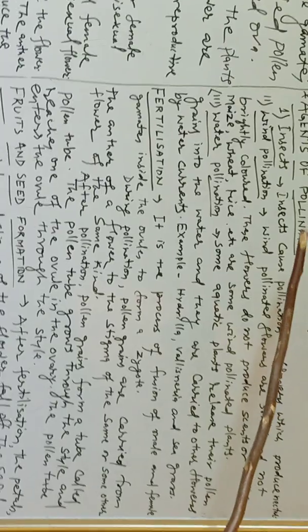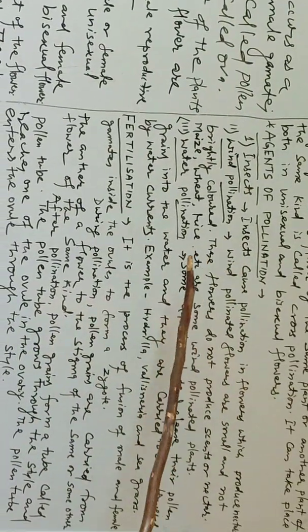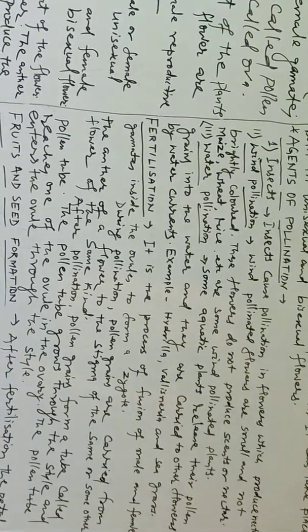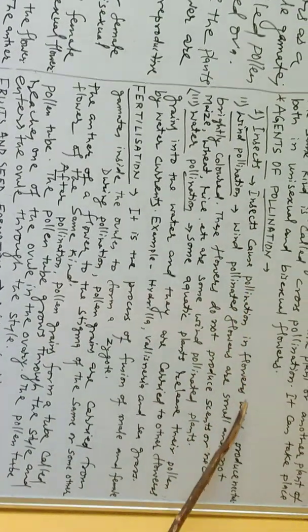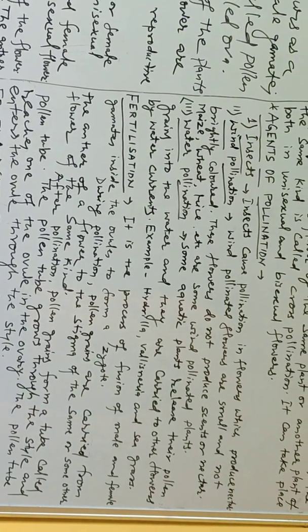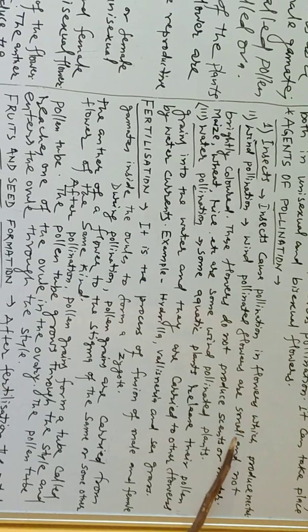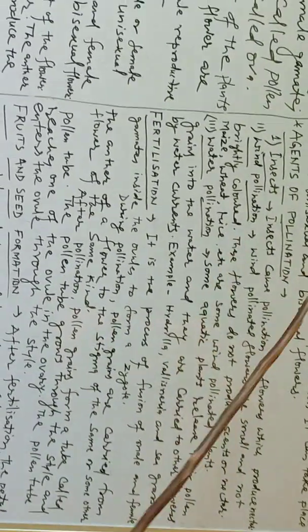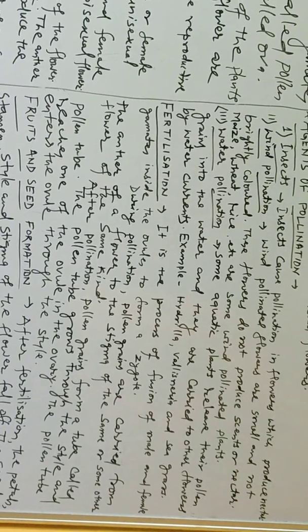Now, what are the agents of pollination? Insects, wind, water, these are the agents of pollination. Insects cause pollination in flowers which produce nectar. Wind pollinated flowers are small and not brightly colored. These flowers do not produce scents or nectar.